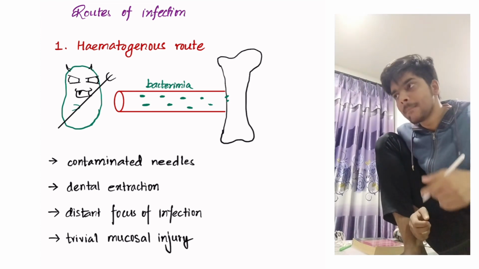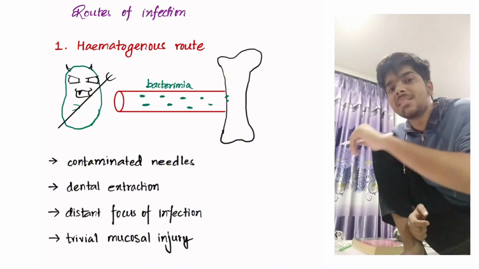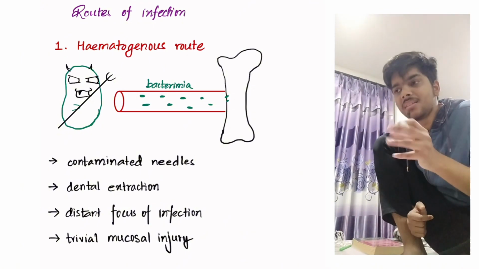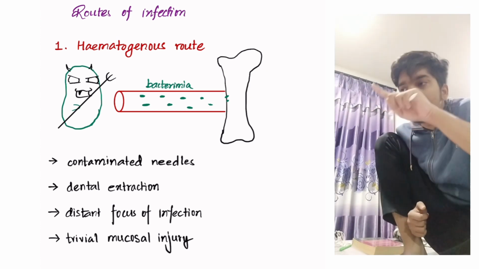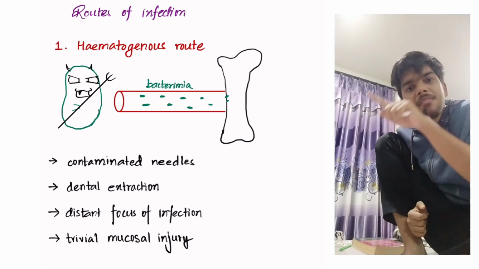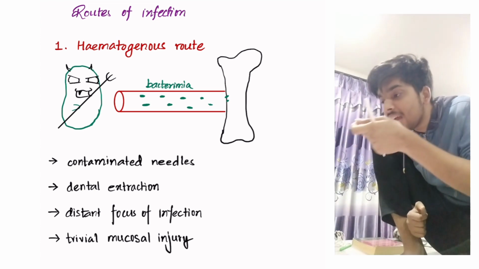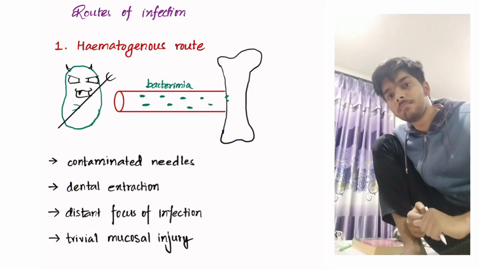For example, let's say the dermis of your skin is infected, or maybe you have a boil. At that region, there are many bacteria that can cause osteomyelitis. From the region of the boil, the infected area on your skin, the bacteria enter your bloodstream and then travel through the bloodstream to your bone.